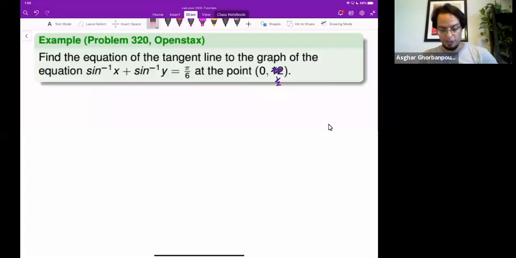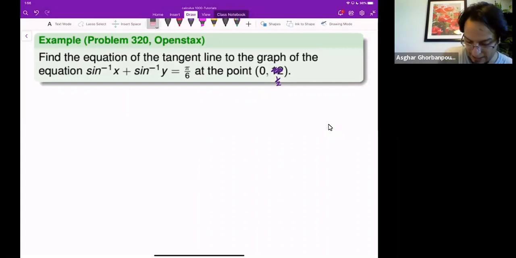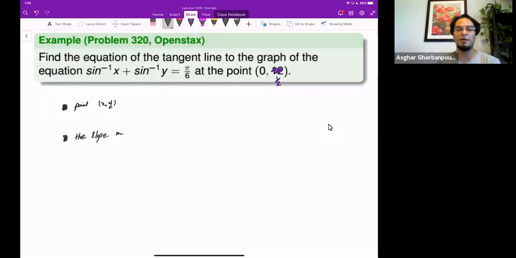Okay, find an equation for the tangent line. Always remember that for any line, to write an equation you need a point, say x1, y1, and the slope, which we usually denote by m.